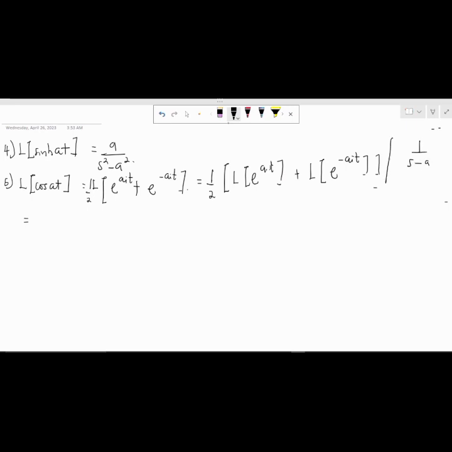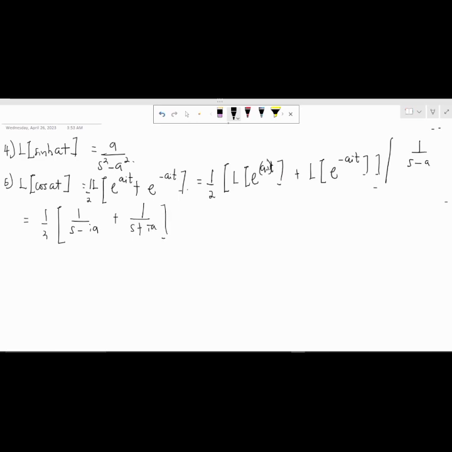So bringing that here, we have ia now. So we should be having 1 over 2, 1 over s minus, well, let's call that ia, then plus, here we have a negative, so we have positive here, so we have 1 over s plus ia.